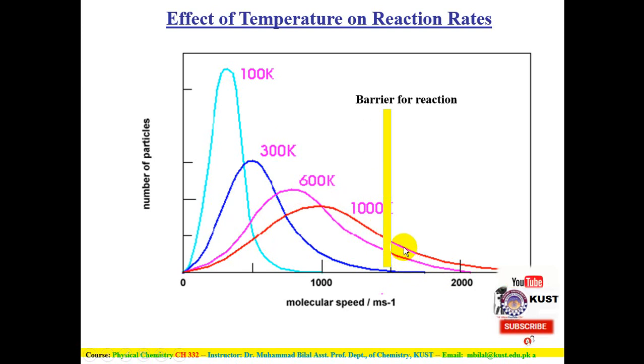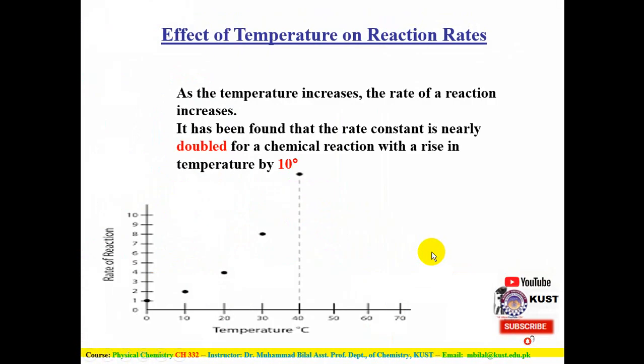So a large fraction of molecules will have greater energy and the rate of the reaction will be increased. Now it was experimentally found that the rate constant nearly doubles for a reaction with a rise in temperature by 10 degrees. So if we plot temperature versus the rate of the reaction, it increases exponentially.